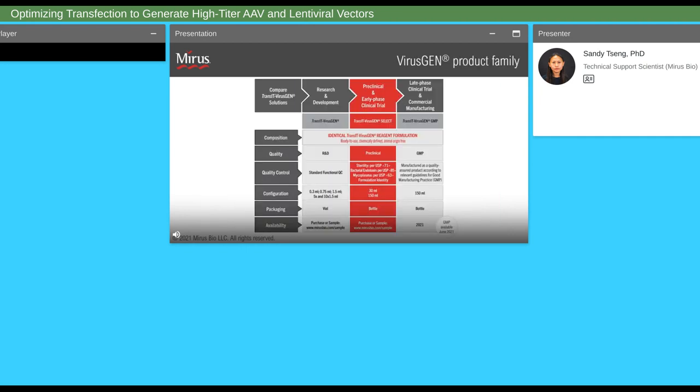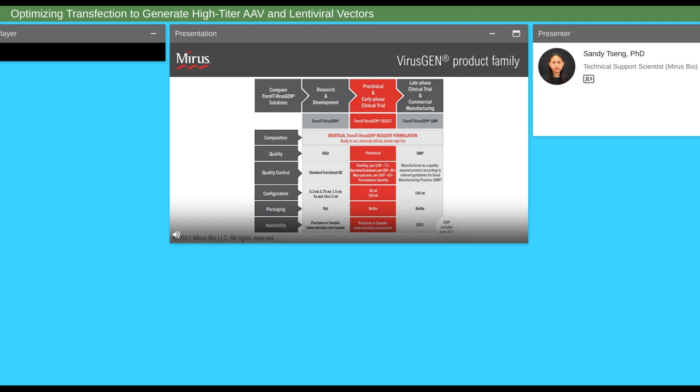And so a couple of years ago, in about 2017, we introduced our TransIT-VirusGEN reagent, which accomplished all of that. And specifically, to address the needs of our preclinical and commercial manufacturing customers, we launched our Select format of the reagent. This is going to be closely followed by the launch this year of a completely GMP manufactured version.